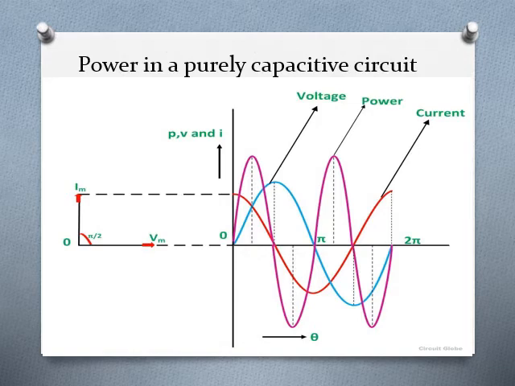Therefore, the power is in the negative half cycle. Like the purely inductive circuit, here the power curve will be having 2 cycles for the 1 cycle of voltage and current, or you may say that the power is having double the frequency of voltage and current.